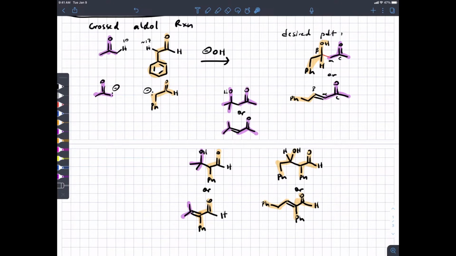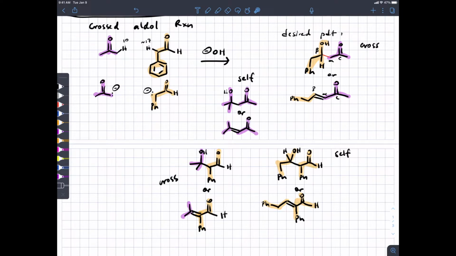So we have basically four different possibilities for connectivity. You have the desired one, which is the crossed aldol product between the ketone as the enolate and the aldehyde as the electrophile. Then you have the two self-aldol products, wherein the aldehyde enolate reacts with aldehyde, or the ketone enolate reacts with ketone. And then you have the other crossed aldol product that you get from the aldehyde enolate reacting with the ketone.